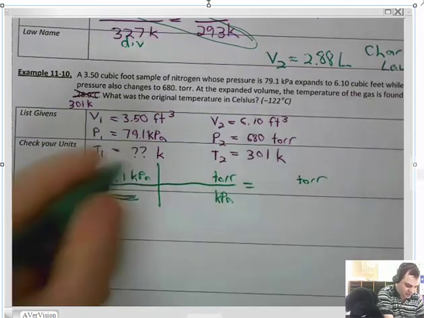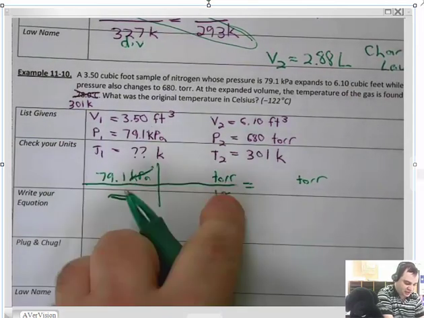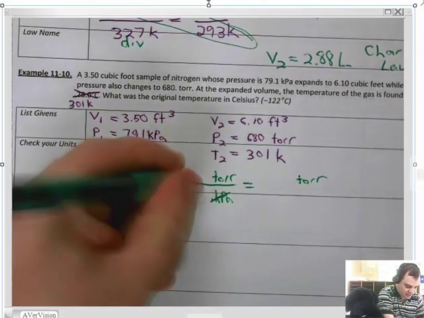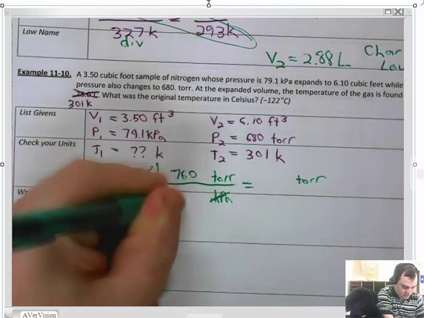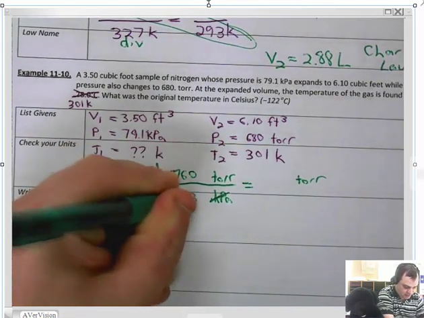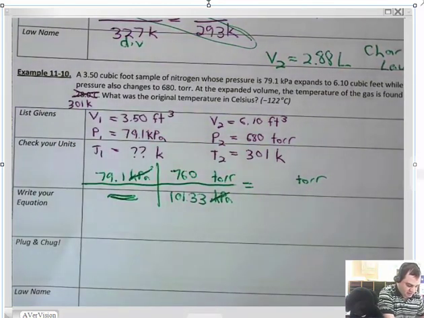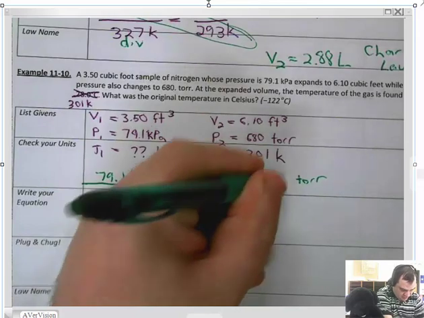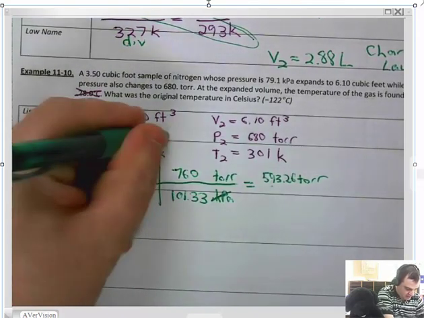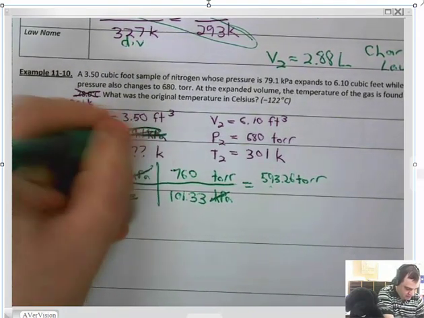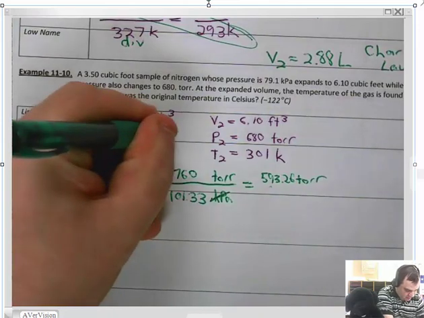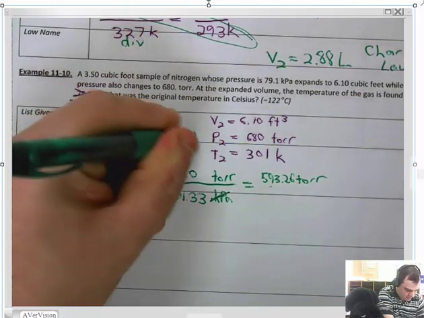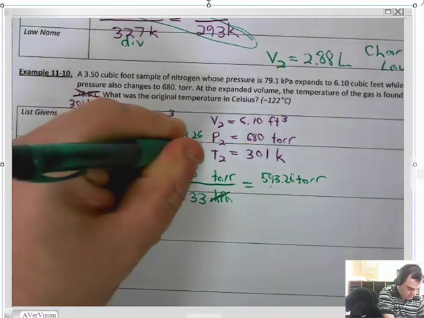Remember that these numbers are on the periodic table on the back. It's going to be 760 torr equals 101.33 kilopascals. And we get an answer of 593.26 torr. So I cross this out. That number doesn't exist anymore. And we're going to use 593.26 torr.